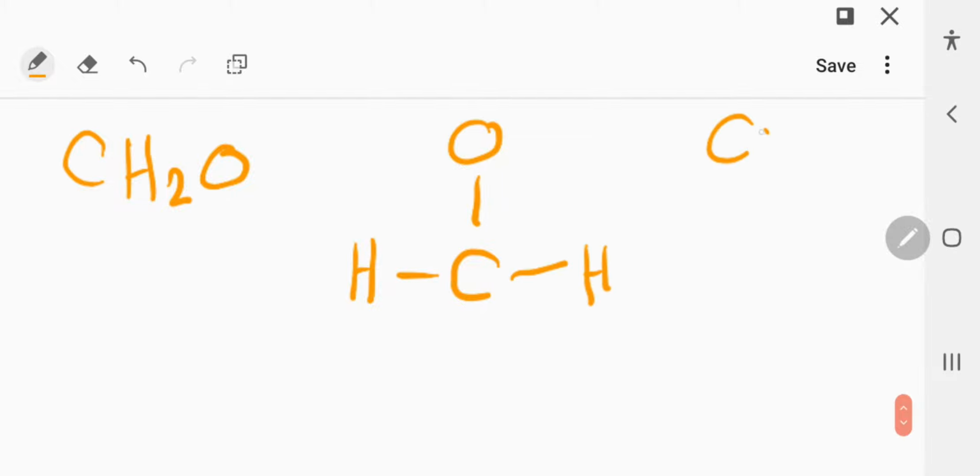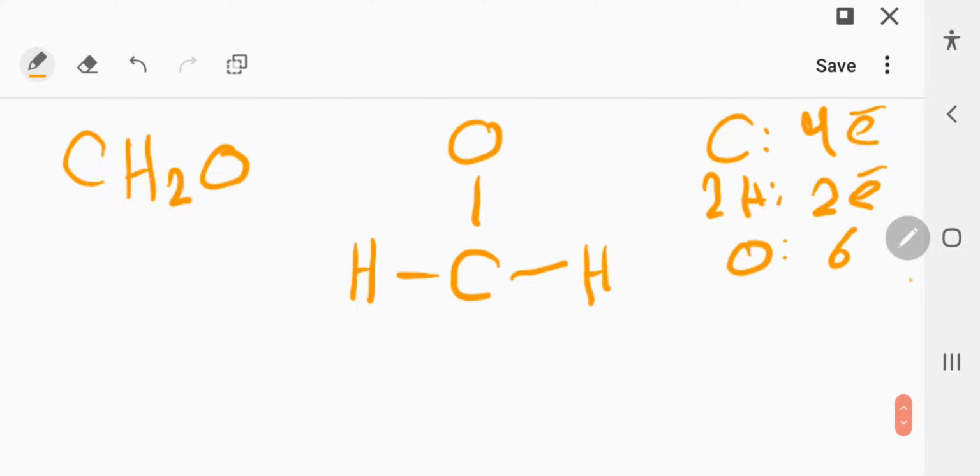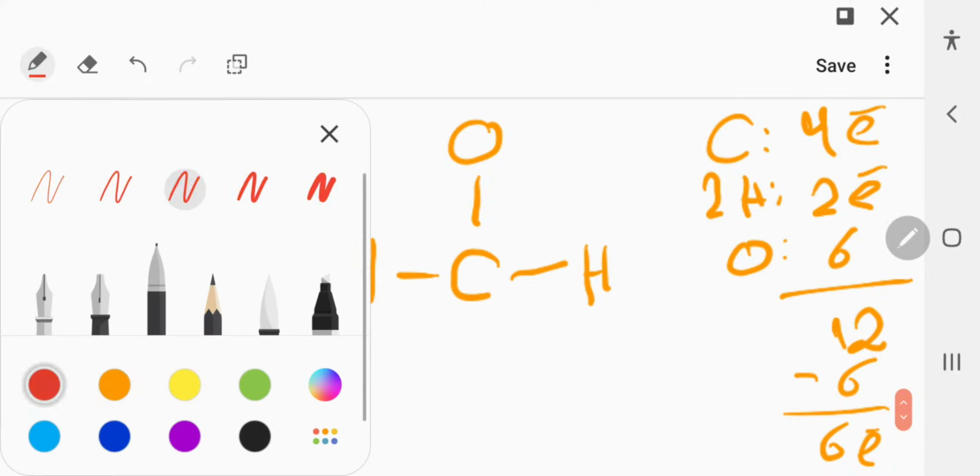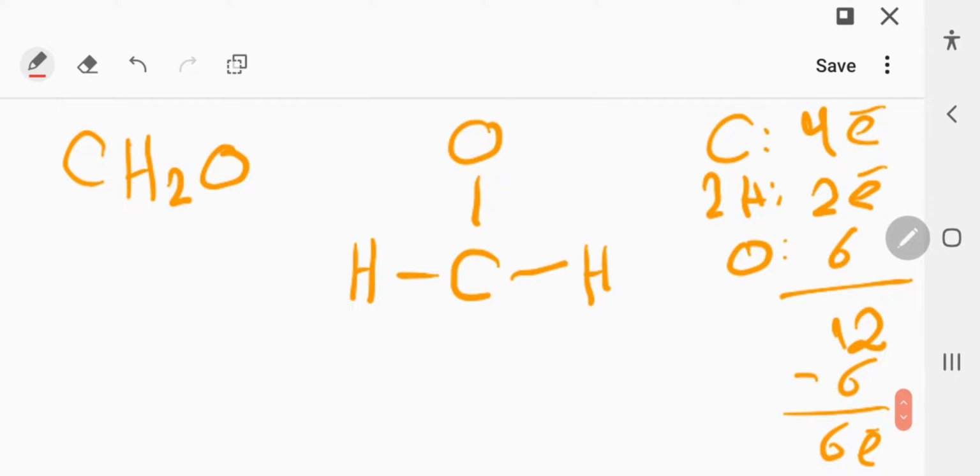So carbon, 4 electrons and 2 H's will give us 2 electrons, and oxygen will give us 6. So the total number is 12 electrons. Minus 6 electrons used, we still have 6 electrons. So we have to distribute the 6 electrons around the other atoms, not the central atom.